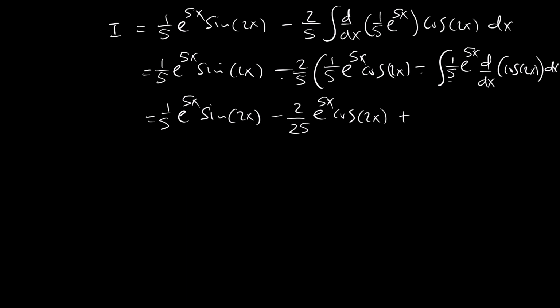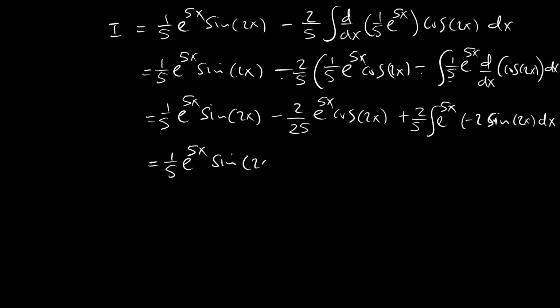We can bring this constant now, so we have 2 over 5 e to the power 5x times negative 2 sine 2x. So this is 1 over 5 e to the power 5x sine of 2x minus 2 over 25 e to the power 5x cosine.